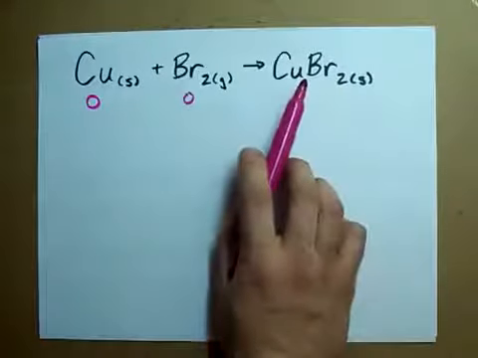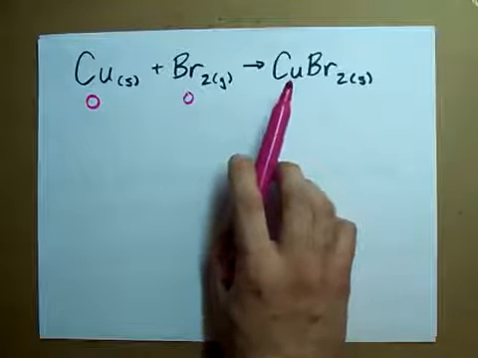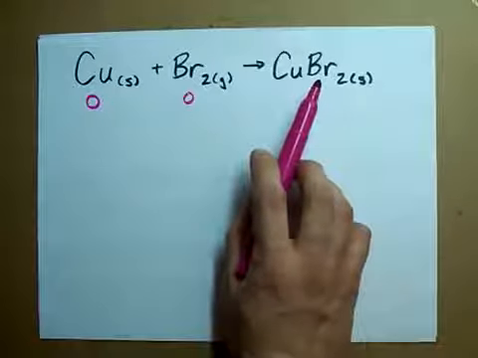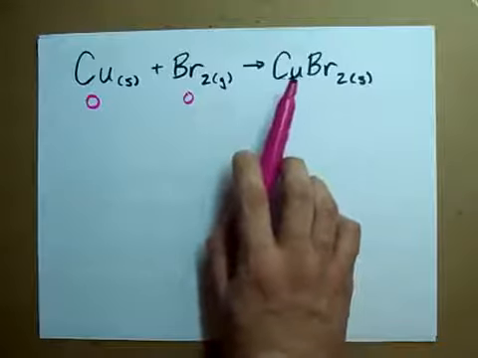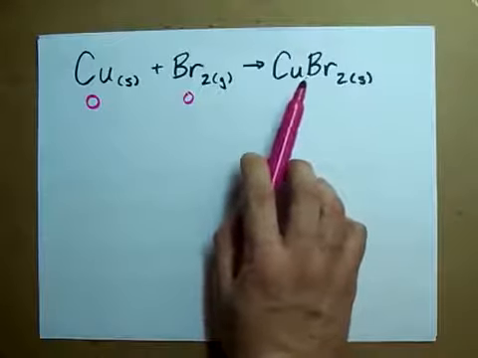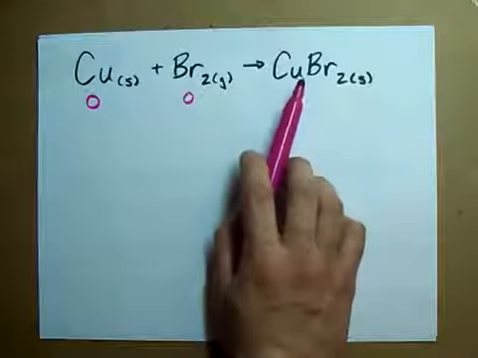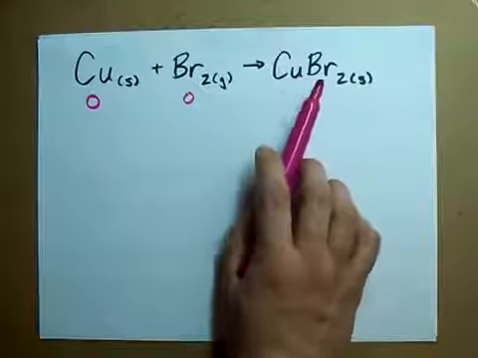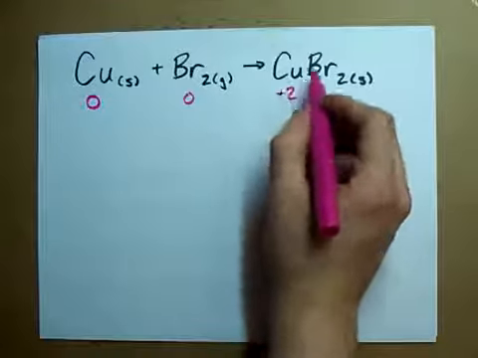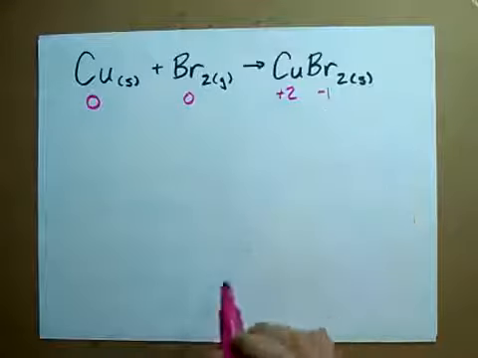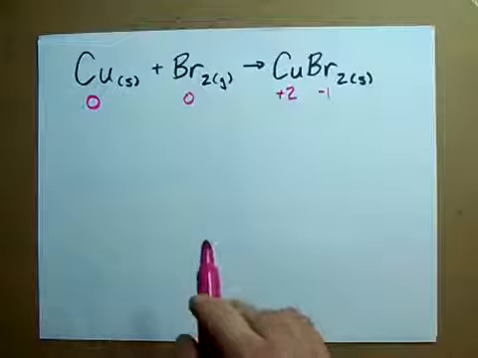In this compound, though, I've got my copper bonded to 2 bromines. Now, when copper and bromine are in a chemical like this, it's called an ionic compound. The copper, in this case, wants to have a charge of +2, and each of the bromines wants to have a charge of -1.